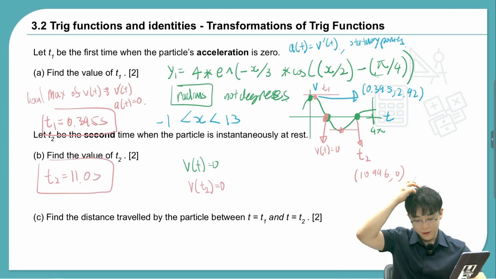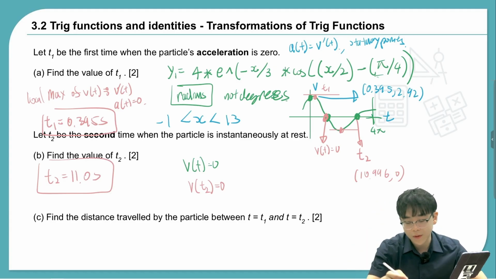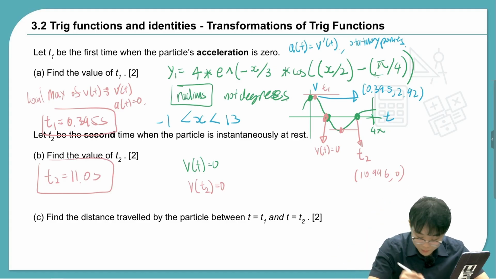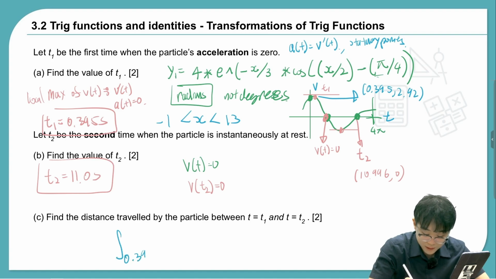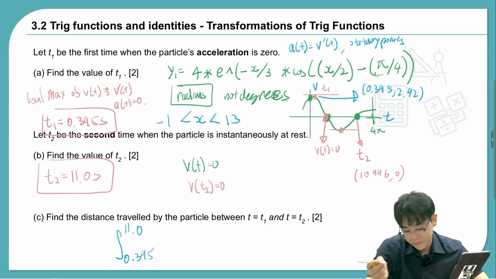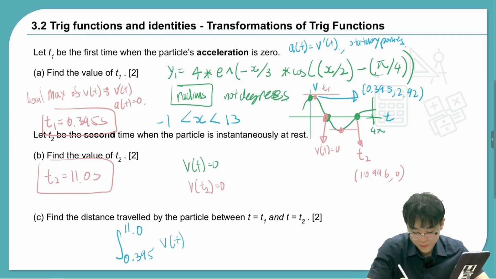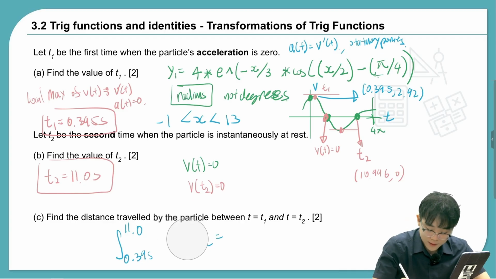Okay. Now, I want to find the distance traveled between these two times. So you might think it's just integrating from 0.395 seconds to 11.0 seconds. Not as simple as that, integrating from like distance, right? Or let me just write the expression for distance.